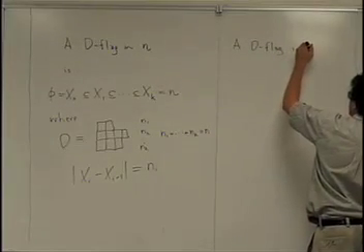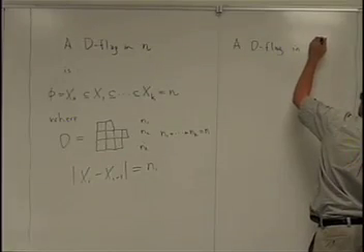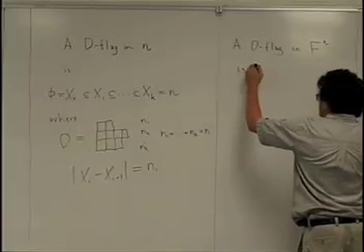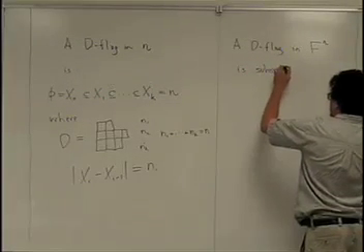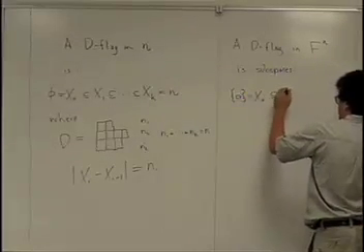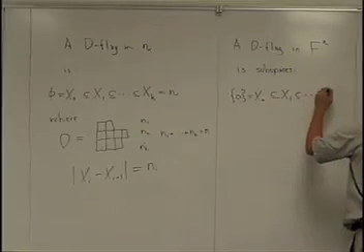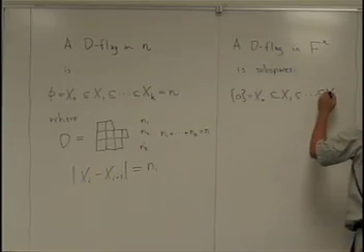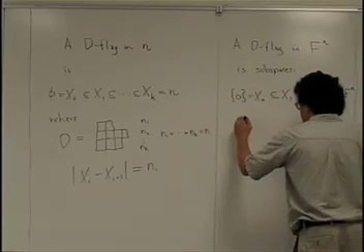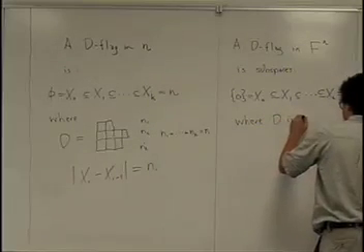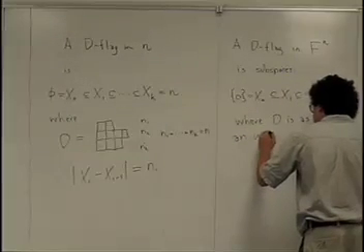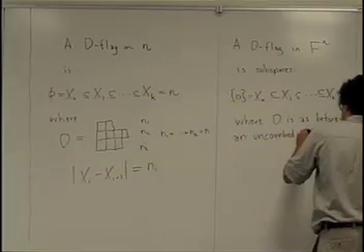So a D flag in, I think I'll describe it using vector space language, so I'll say the vector space, is a sequence of subspaces of that vector space, starting from the zero-dimensional subspace and going on up to the whole n-dimensional vector space, where D is as before, an uncombed n-box Young diagram.